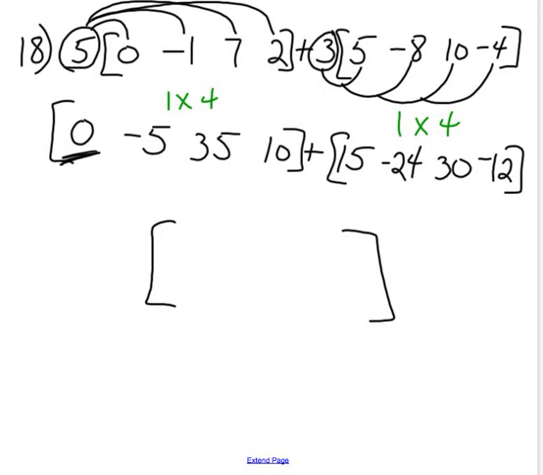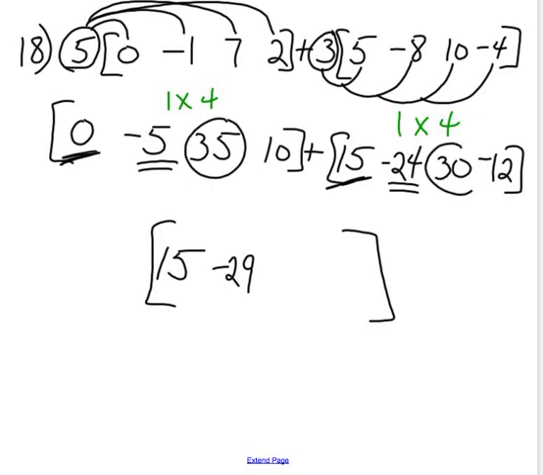Row 1, column 1, plus row 1, column 1. 0 plus 15, there's row 1, column 1 in my answer matrix. -5 plus -24, row 1, column 2. 35 plus 30, row 1, column 3.